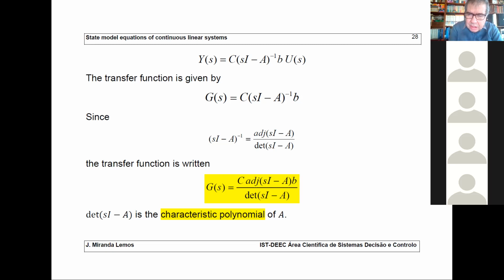So what is the type of response that you are expected to find in relation to the poles? You had one semester about this stuff. You will find a sum of exponentials of poles times time.